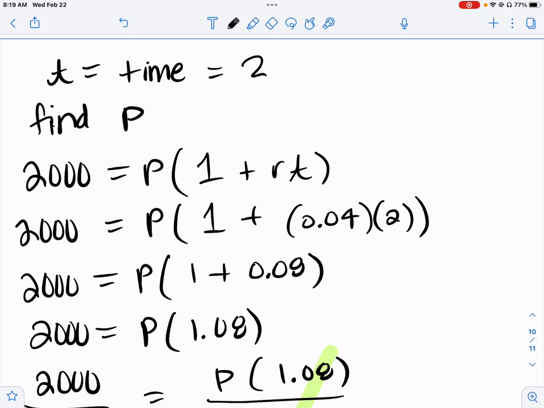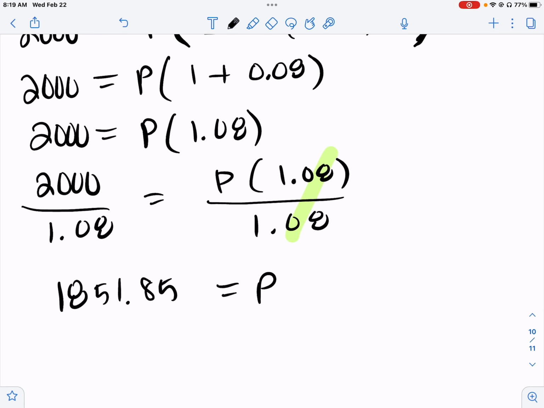So we put 2,000 in for A. We put in 0.04 for R, 2 for T. Inside our big parentheses, we have that addition and multiplication, so we multiply first. 0.04 times 2 is 0.08. 1 plus 0.08 is 1.08.